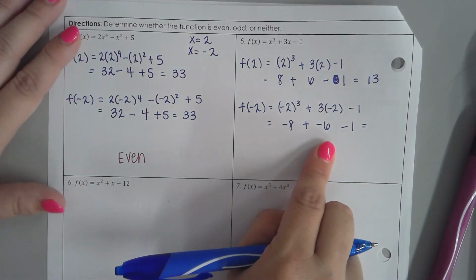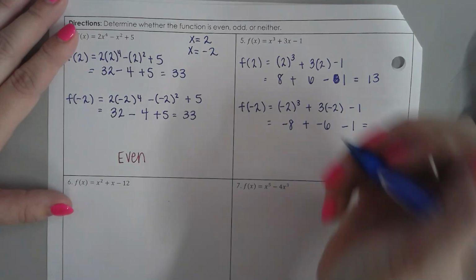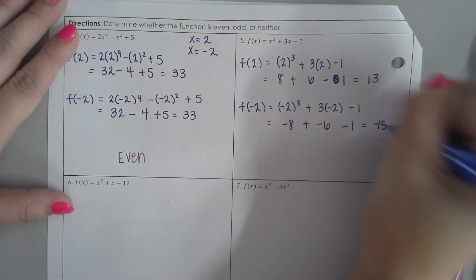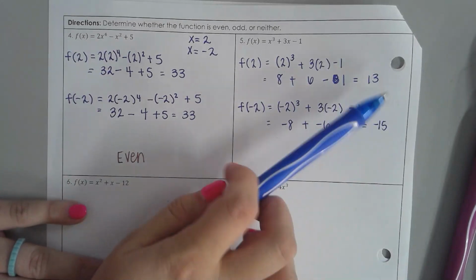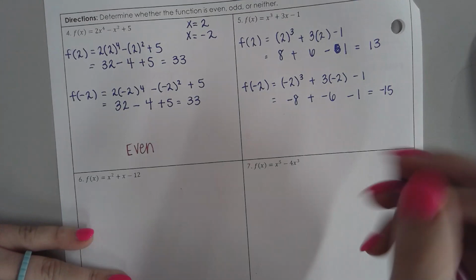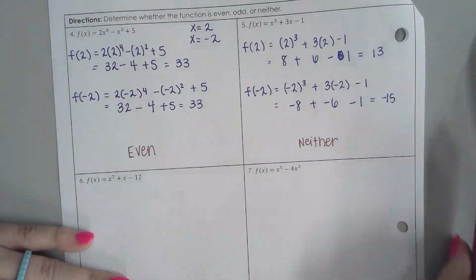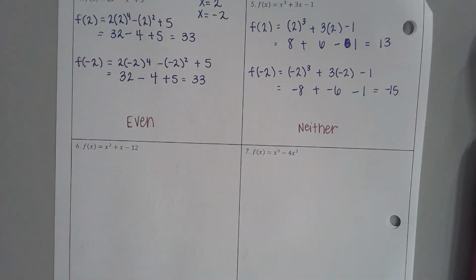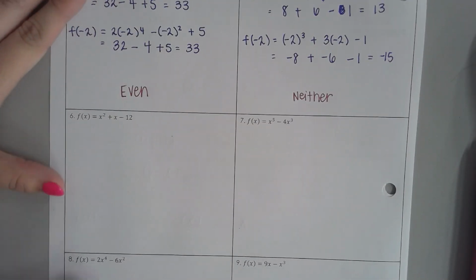Negative 8 and negative 6 is negative 14. Minus 1 is negative 15. I have two totally different numbers. That makes it neither. Any questions?